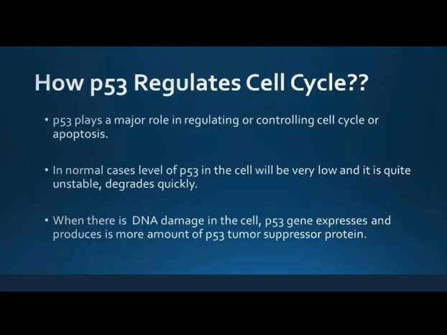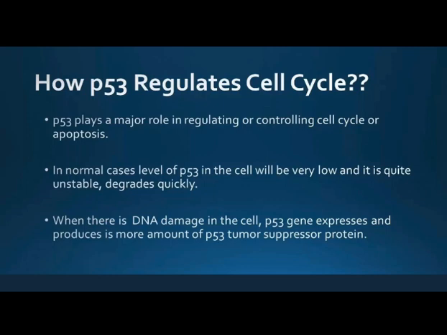Let's see how p53 regulates the cell cycle. p53 plays a major role in regulating or controlling the cell cycle and apoptosis. In normal cases, the level of p53 in the cell will be very low and it is quite unstable, degrading quickly.